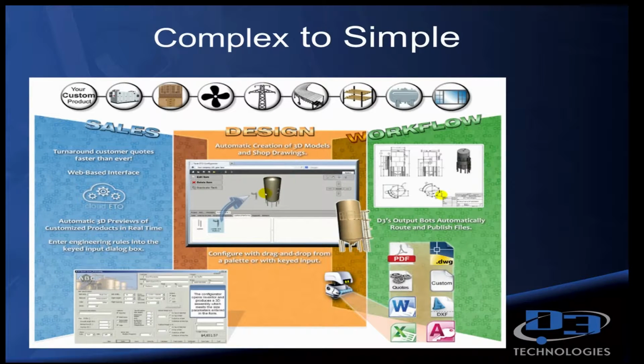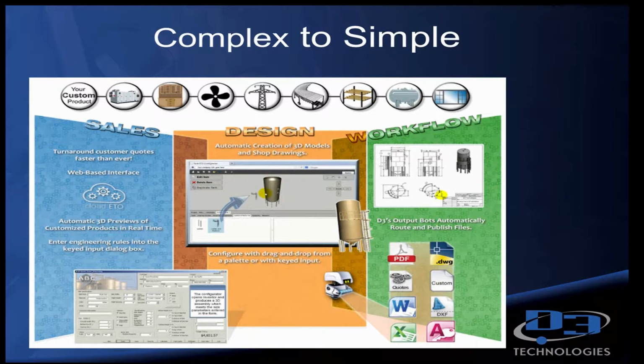So if you're looking at that from a high level, the areas that we're touching are sales, again, bringing those engineering rules to the front in a very easy to use user interface so that the person doesn't have to be a CAD operator to configure it. Once you get to the design, it's about being able to integrate, streamline, and pull in costing information, material and process cost. And then on the back end, as I said, it's those outputs and those workflows behind the scenes.